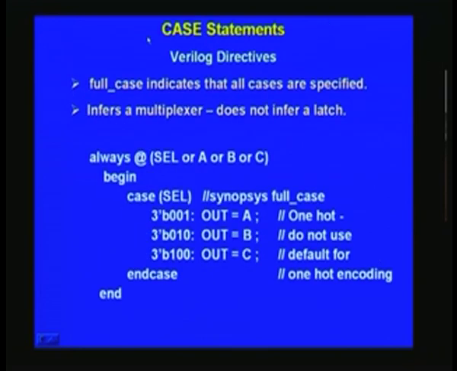And we have also considered case statements, and we will now see what Verilog directives are. There are basically 2 directives called full case and parallel case, and this indicates when you have a case statement here. For the case, let us consider 3 bits of information, and if all the conditions are specified here, obviously it is not specified here.